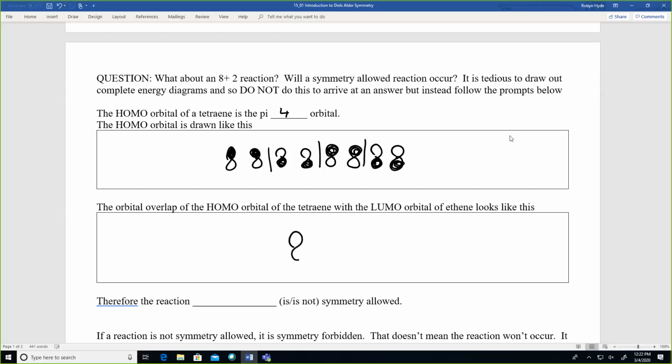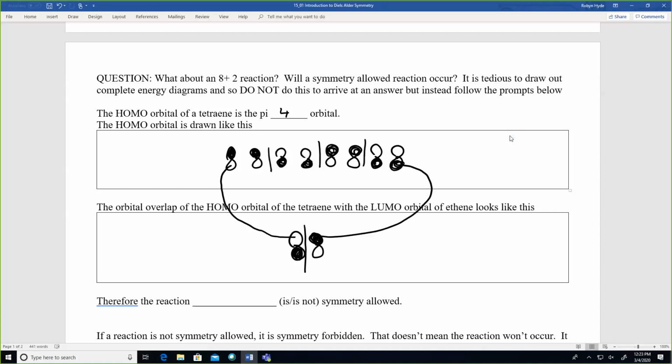So I know my LUMO is going to be pi 2 with a node. And so I know that the lower lobe needs to interact with the upper lobe. So negative to negative, so this has to be plus. And then I go across that node, so this now has to be plus. Is everyone following me? I'm doing this pretty fast. And now I do top lobe to bottom lobe.